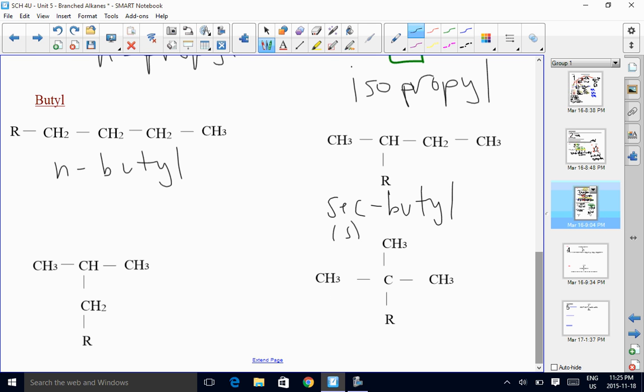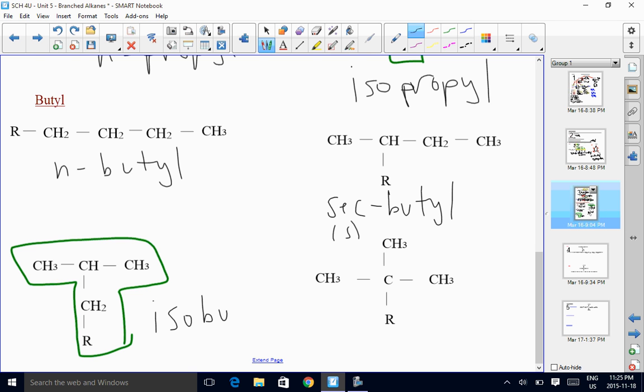See how in the next one, it's 4 carbons on the main branch, but you see that capital T. So that is called isobutyl. It's butyl instead of propyl because there are 4 carbons. And here you'll see like a cross. See that cross right here?